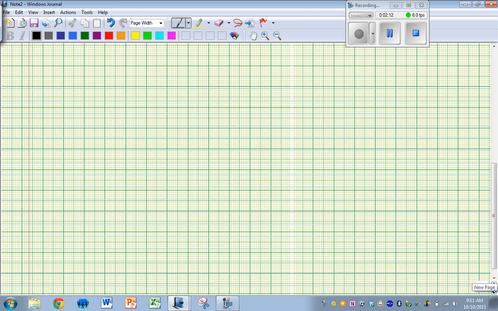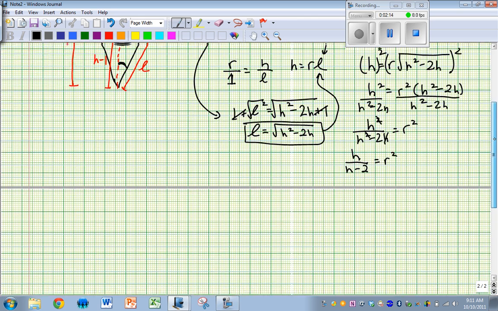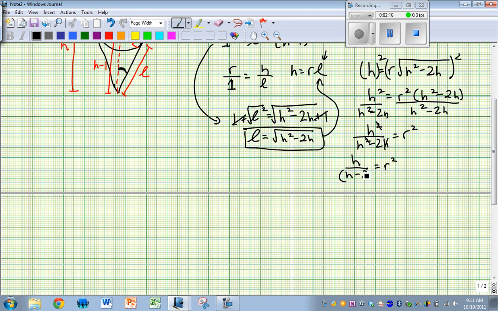I need some more room, so I'm going to drop this down a little bit. Multiply both sides by h minus 2. So I'm going to have h equals r squared. I'm just going to distribute minus 2r squared. So now I'm down to 2 h's. That's good news.